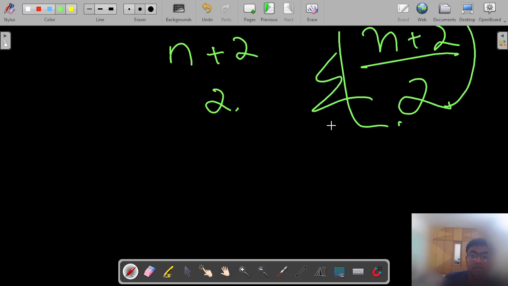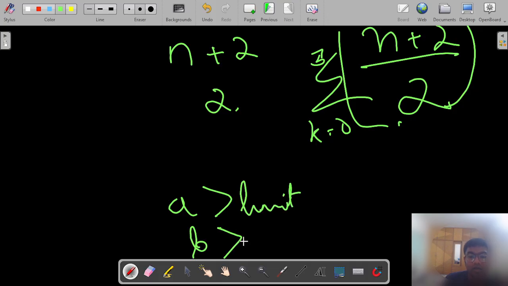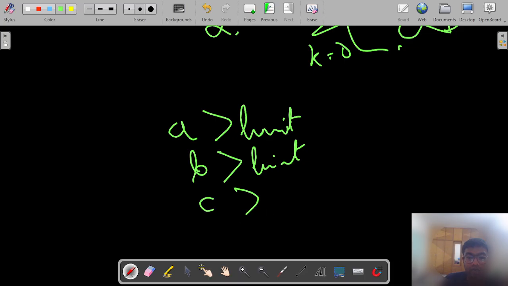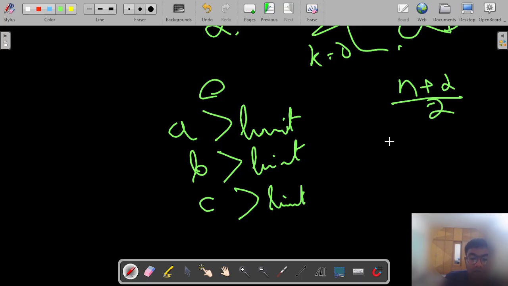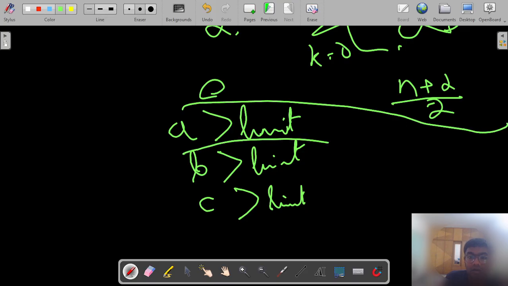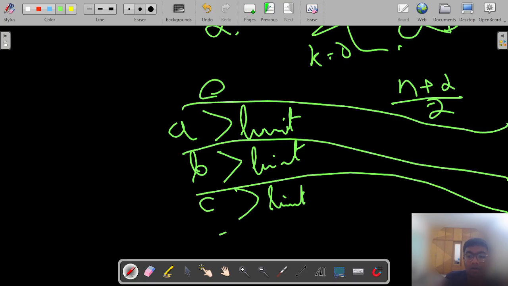and let's call this k 0 to 3. And let's say if we add in other boundary conditions, with a not greater than limit, b not greater than limit, and c not greater than limit, then we might also end up with a mathematical formula something like this, where initially with 0 we had seen a formula something like this, n plus 2 by 2, while this is for this one.